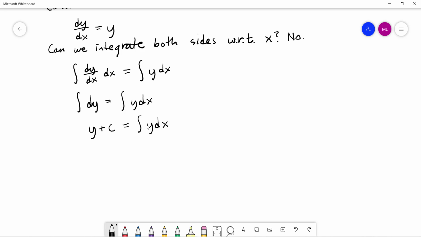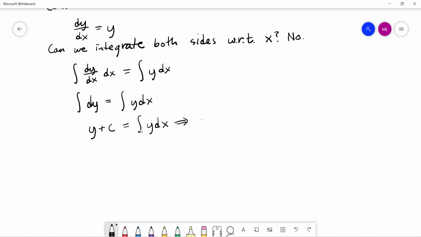Well, unfortunately, we can't deal with the right-hand side because y is the unknown that we're trying to solve for to begin with. This is some unknown function. I can't integrate it. It shows up over here as well. It's the thing that I'm trying to solve for. So what we've done is taken what was initially a differential equation, and turned it into something where now there are no derivatives in this equation, and instead there is an integral in this equation.